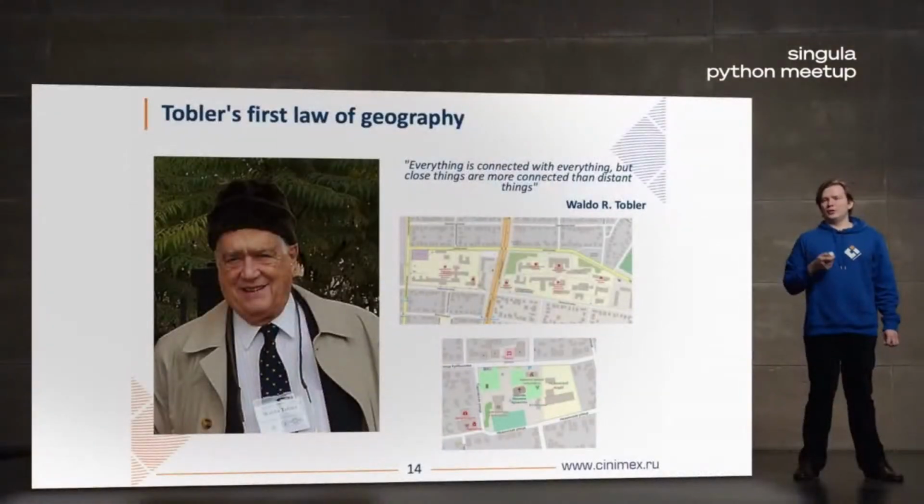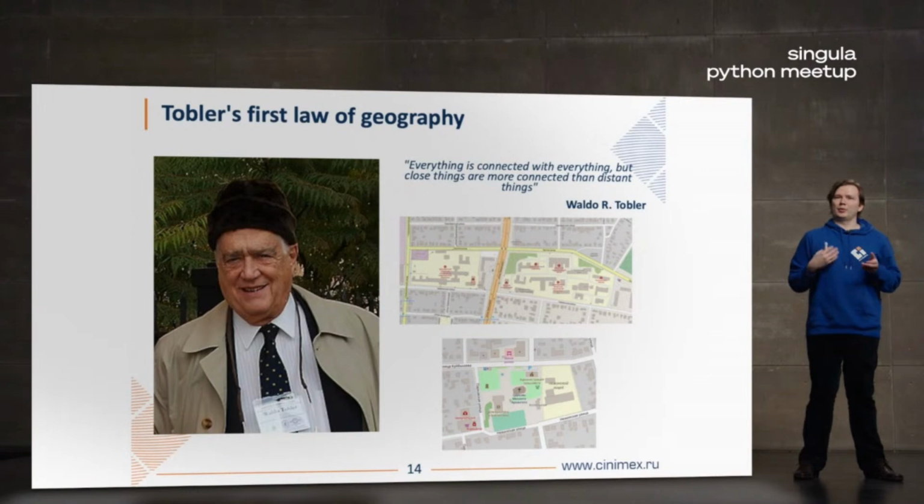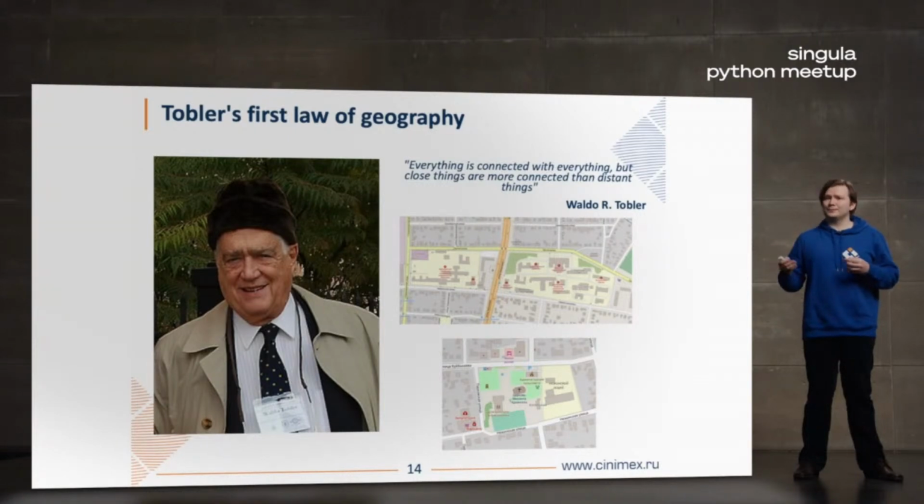You can see two different hospitals, a general one and an infectious one. You can see that it also has different types of buildings connected with medical work, for example, pharmacies or medical student dormitories.